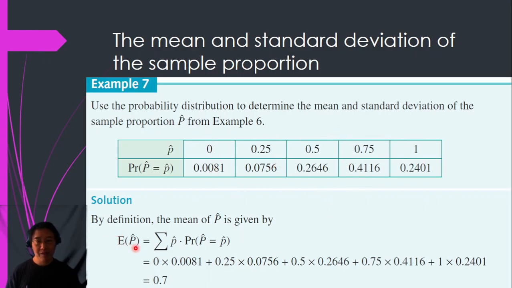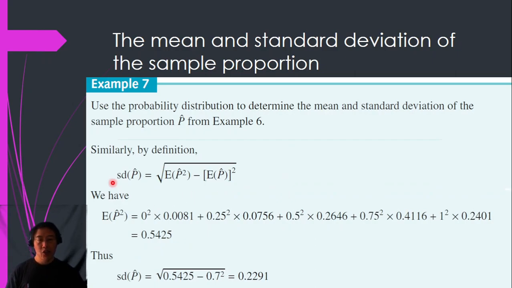The expected value of p hat is the sum of the products. So you do the products vertically. So here are the products, and for all of them you just add them at the end, and that gives you 0.7. Notice how that 0.7 is actually the same as your population, and that's going to be useful later on. But that's the way you would calculate it for a discrete random variable in general, which is what you have in that sampling proportion as well.